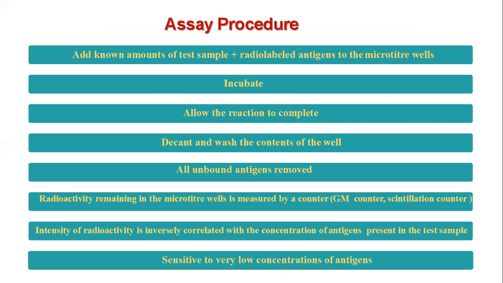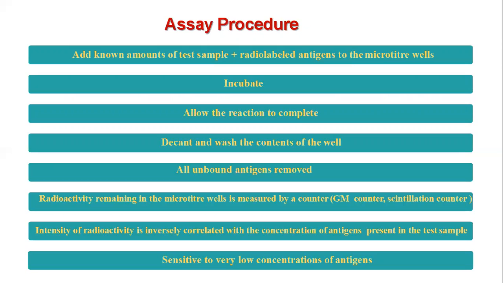So this is the overall assay procedure. First, you add a known amount of your test sample, then radio-labeled antigen, to the microtiter well. Then you incubate it, allow the reaction to complete, decant it, and wash it multiple times. The content of the well and all the unbound antigen will be removed. Then the radioactivity remaining in the microtiter well is measured by either the GM counter, scintillation counter or gamma counter.